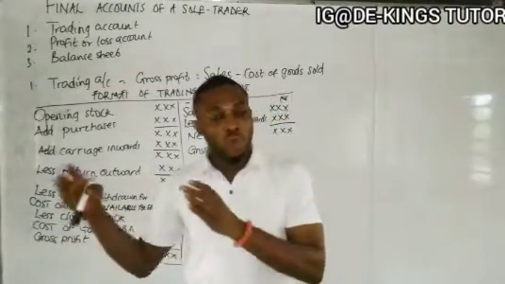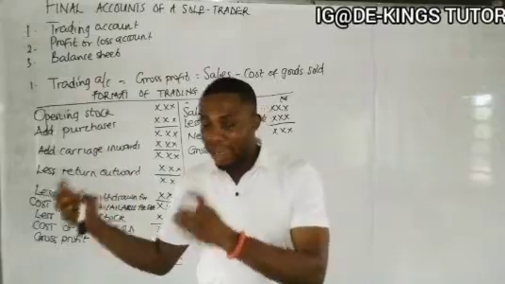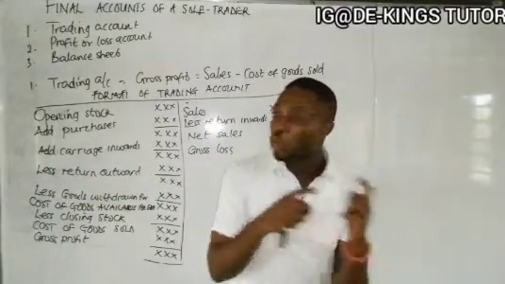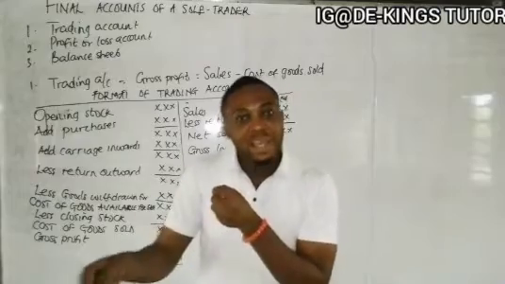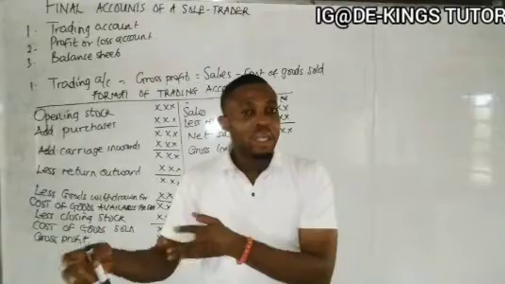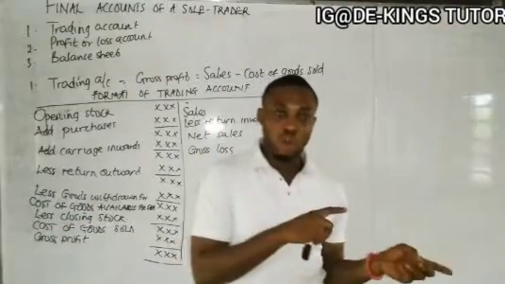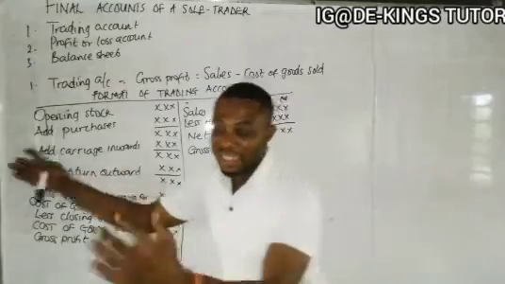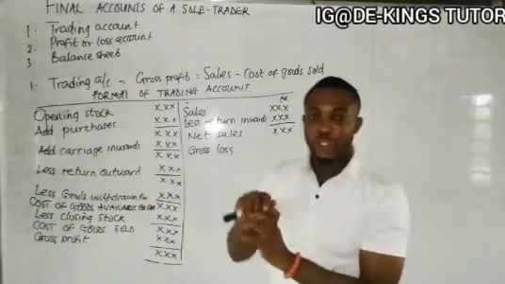Definitely you have to call a taxi or get a lorry to get those goods to the store. So that cost you pay the bike man or the taxi man or the cab man to take those goods to the store is what we call carriage inwards. Okay, it is carriage inward going to your store.